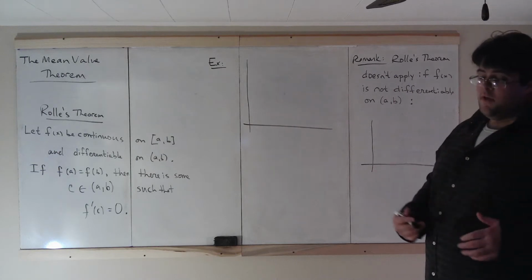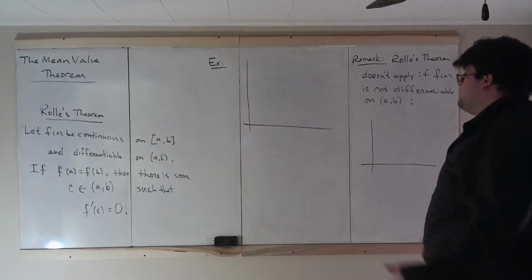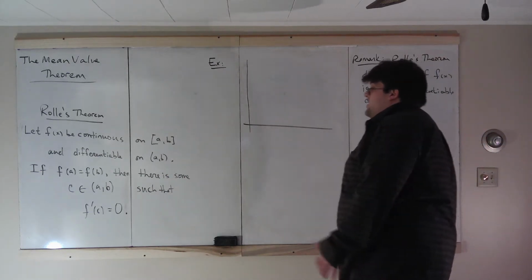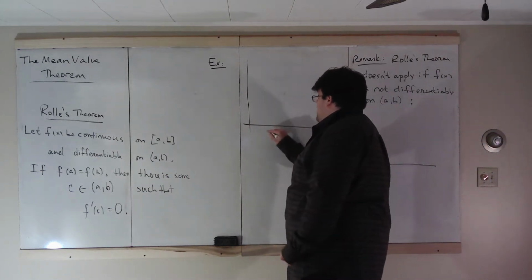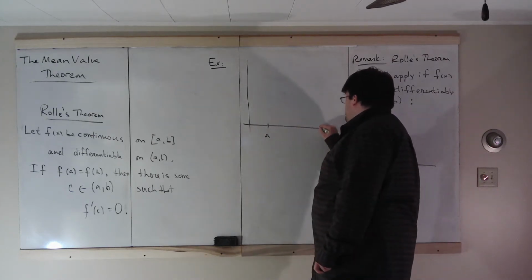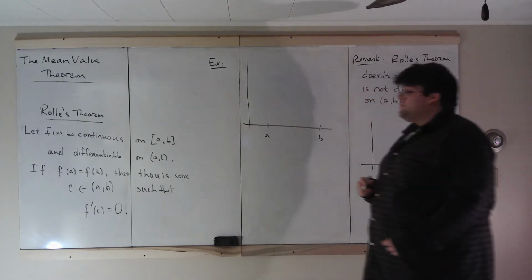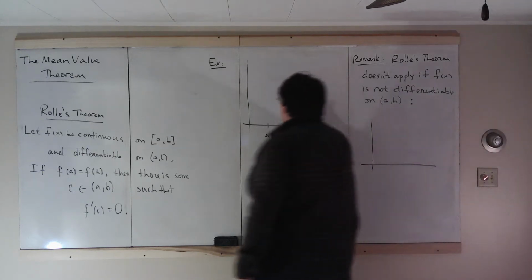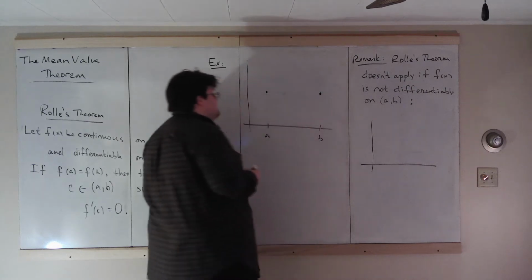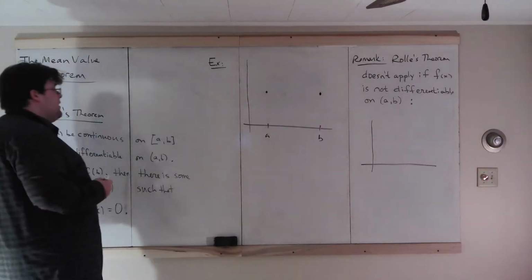We know what derivative being 0 looks like on a graph, horizontal tangent, but let's see how these assumptions get us to that conclusion in this example. So we have continuous, differentiable, f of a equals f of b. So let's mark off an a and a b, and f of a equals f of b, so the function has the same y value.